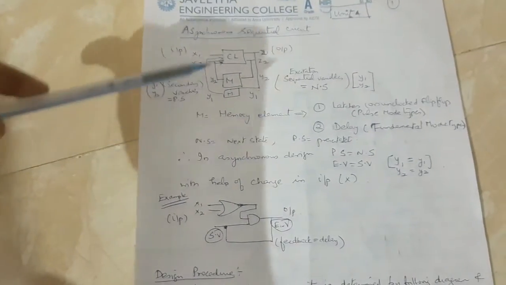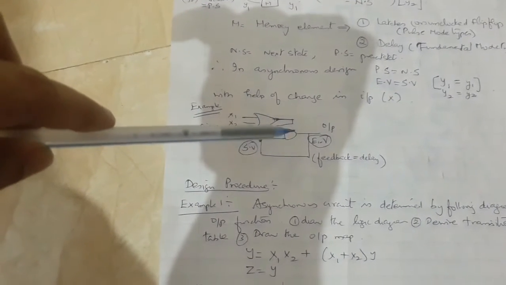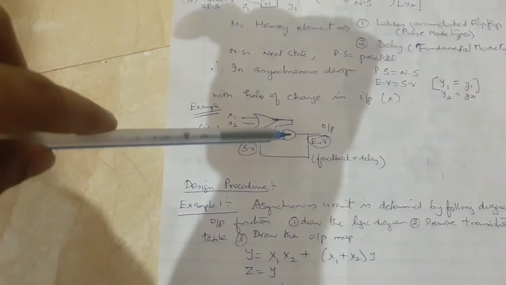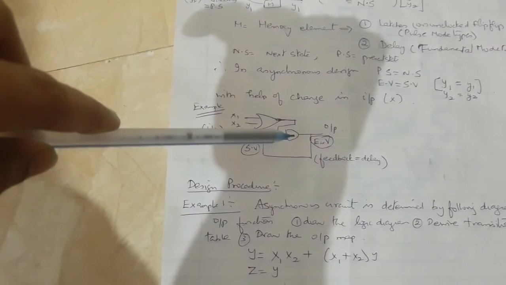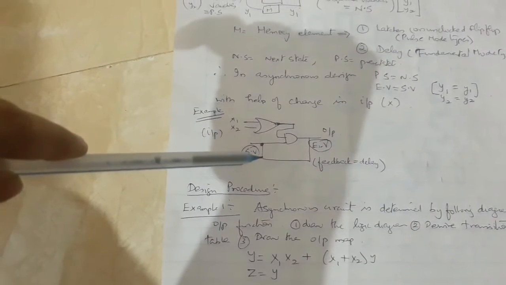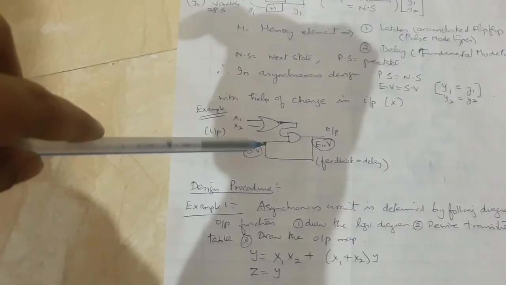So how does the circuit roughly look? This is a combinational circuit. I am discussing the fundamental type, which means the excitation variable is directly fed back to the input, so it becomes a secondary variable at this point.